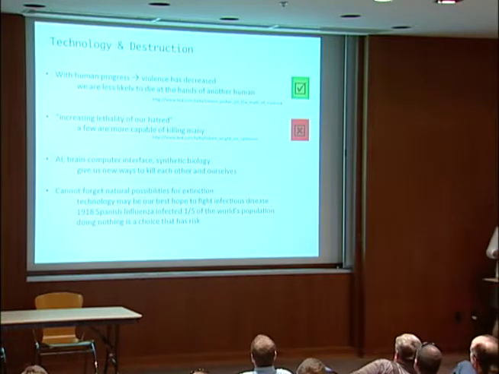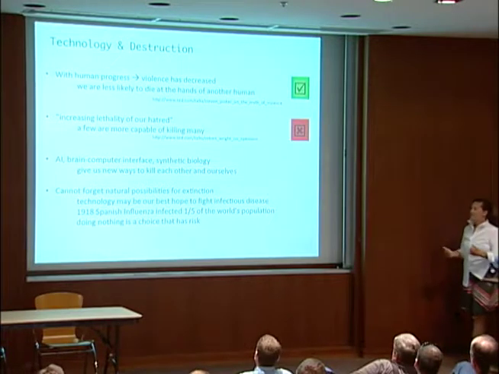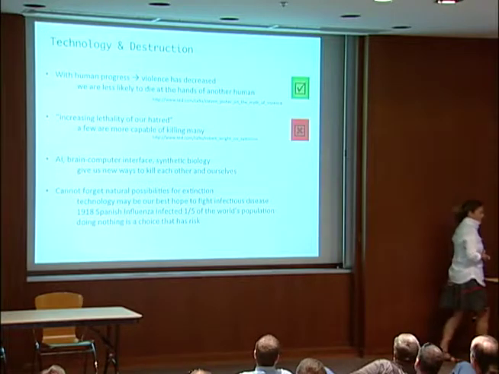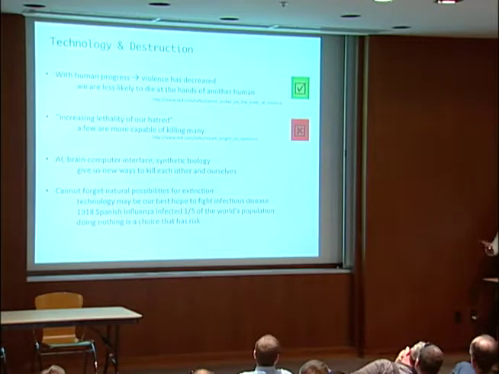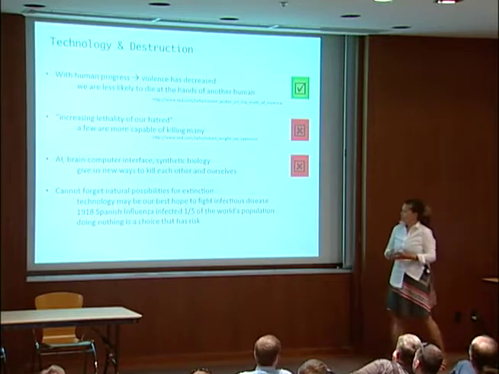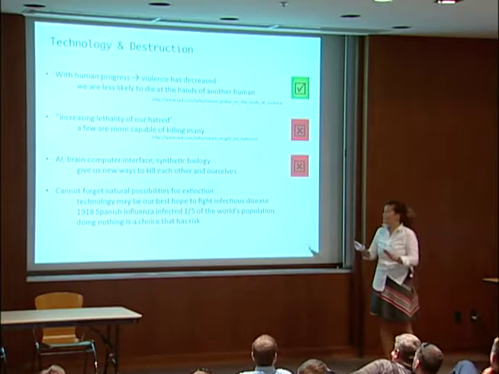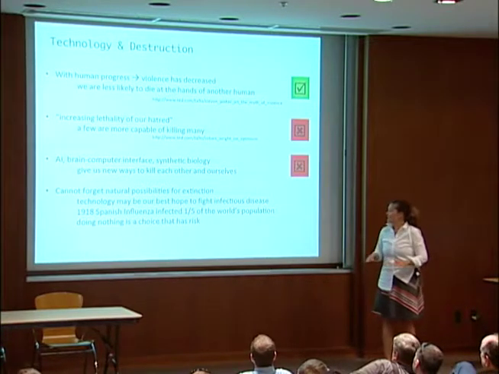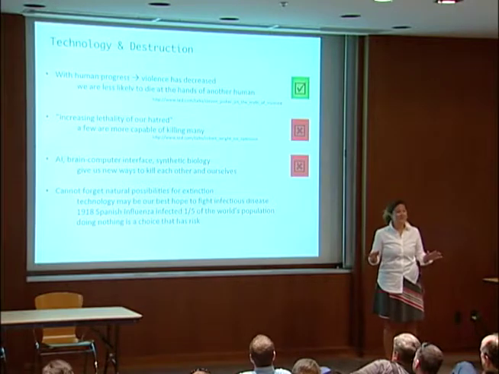Along those lines, as we talk about emerging technologies, we can imagine the doom part of the dawn or doom. If AI doesn't kill us, we're also giving ourselves all kinds of ways to kill each other. Another X. But it's important in the risk to also consider, as we're considering our own extinction and how it could happen, we can't forget the natural possibilities of extinction.